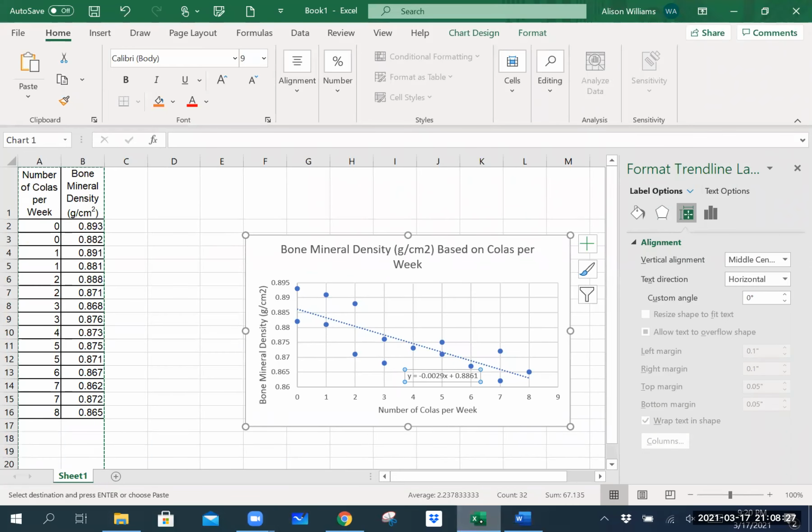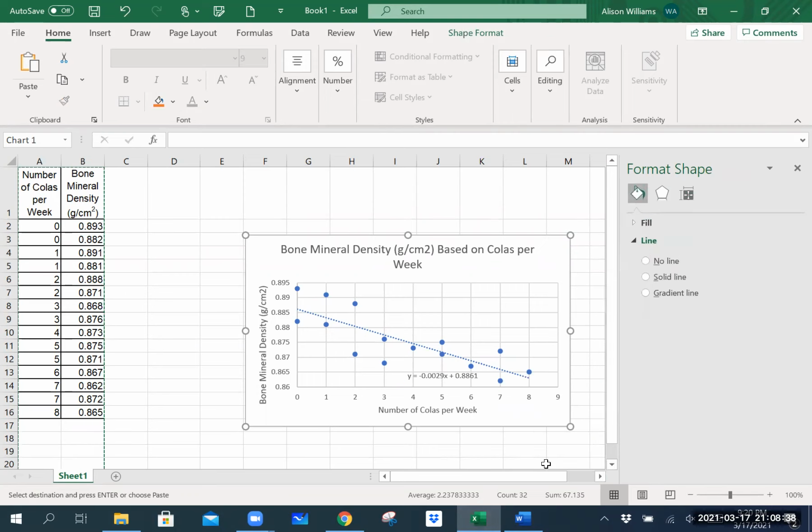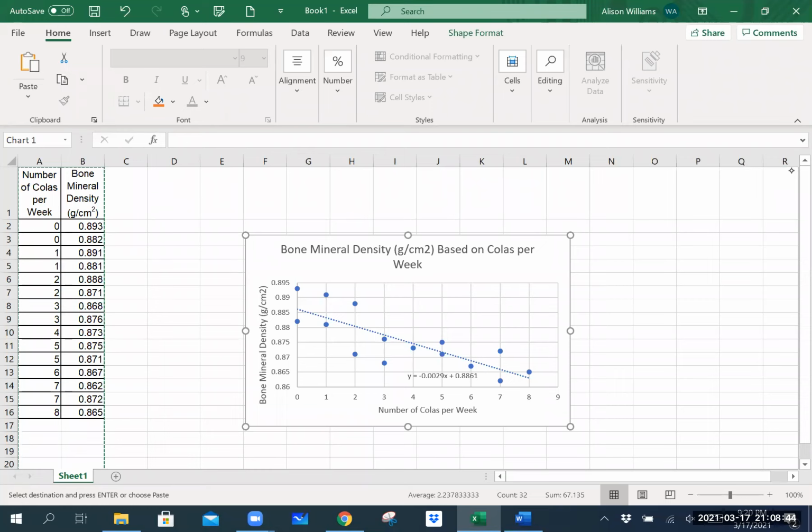Okay, so here we go. Same general area here. Yeah, we're formatting the trend line. Okay, yeah, come over here. More options. So no, I don't need these. That's not what I'm after. Sorry. Let me see if I can find it.